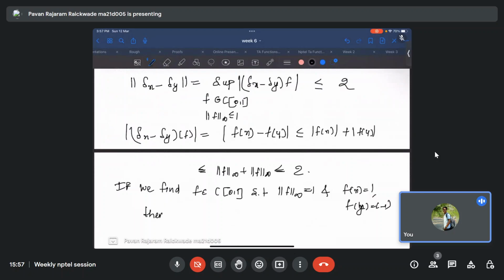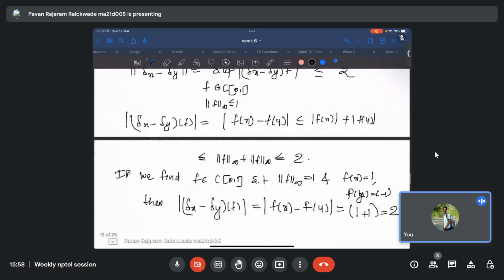Then what do I get? Modulus of delta x minus delta y at this f will be equal to 1 minus minus 1, which is 2. Then I'm done. So how will I find this f?